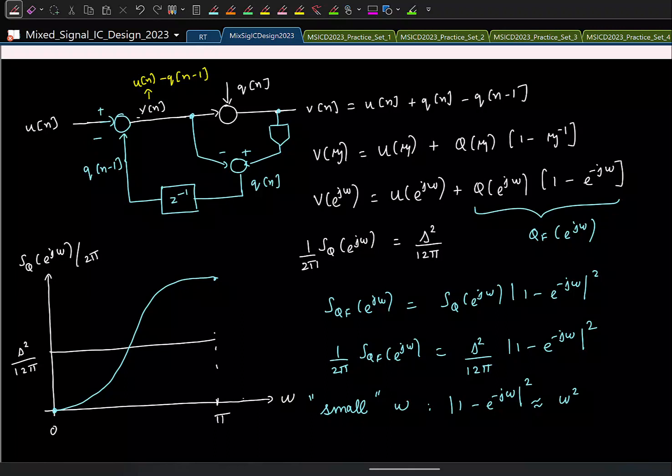Cool. So now look at this and tell me, is this a high pass filter or a low pass filter? High pass filter, because I had this flat quantization noise. After I passed it through this filter, the low frequency content is greatly reduced and the high frequency content is boosted. So this is essentially a high pass filter.